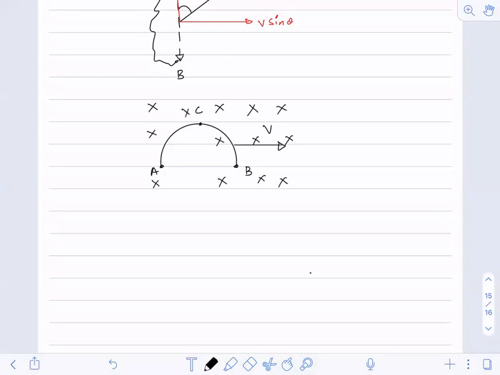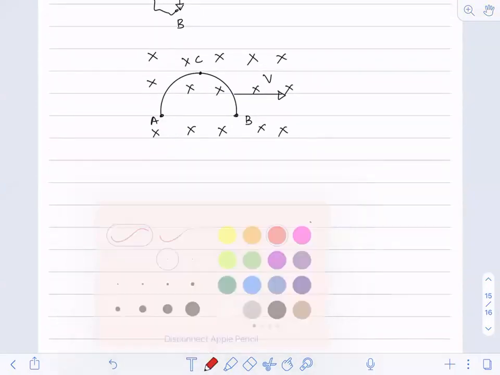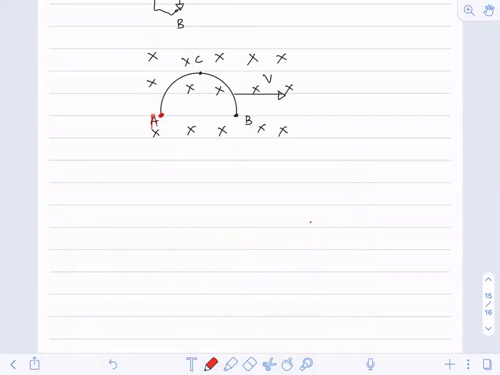Now you have to tell me the EMF. I'll just highlight it. So this is A, this is B, this is C.